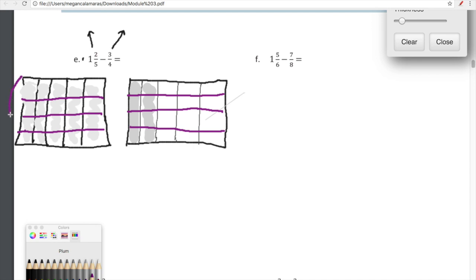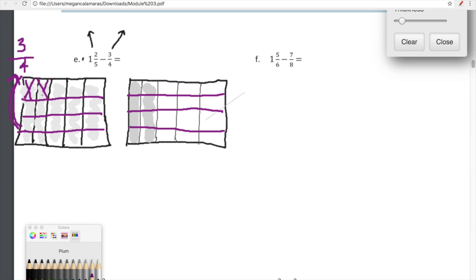Okay, so now let's look at 3/4. 1, 2, 3/4. Do you guys see those top 3 rows represent our 3/4? What we're going to do, you guys, is take away 3/4. We're going to model that taking away with x's.